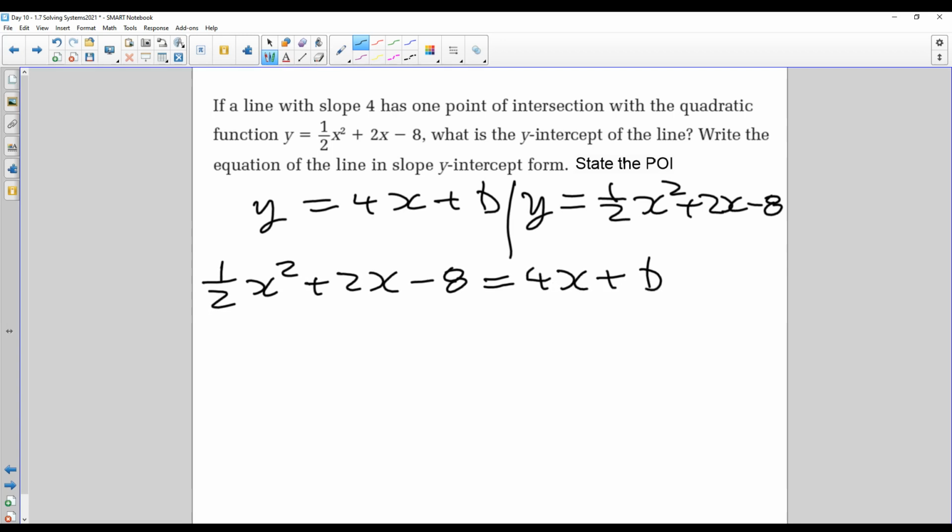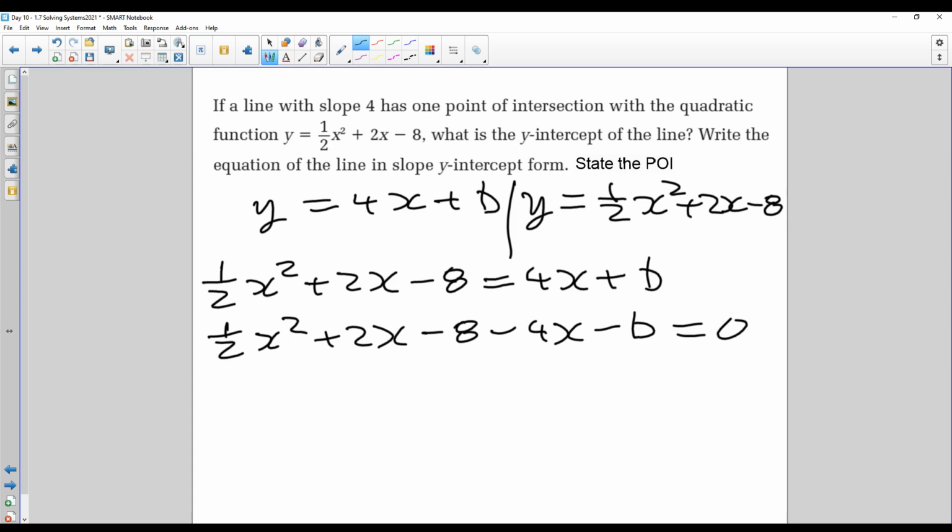We're going to subtract them again like the last time. A half x squared plus 2x minus 8 minus 4x minus b equals 0. We're going to put together stuff that can be put together.